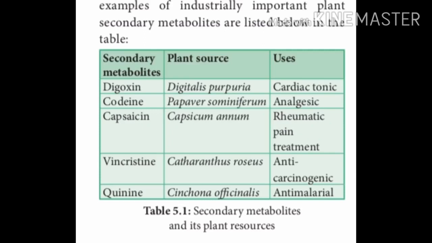Fourth is vincristine, taken from Catharanthus roseus. It has anti-carcinogenic property, that is, to treat cancer cells. The last one is quinine, obtained from Cinchona officinalis, and it is used as an anti-malarial treatment, for treating malaria. So all these products are of commercial value.